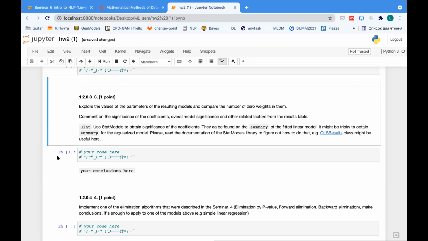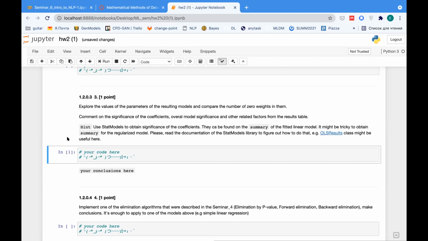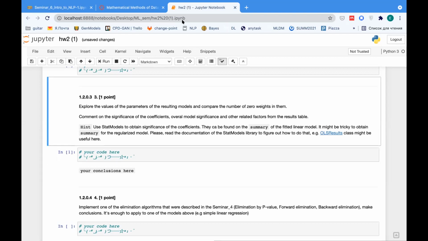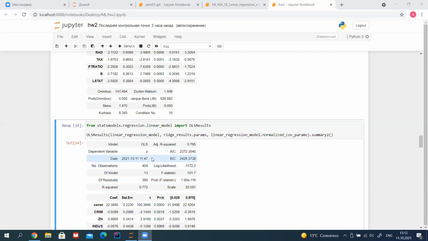The problem is with the results of ridge and LS models. Even in the text, it is said that it is tricky. There could be some problems. Could I demonstrate my screen? Yes, okay, can you see the screen?